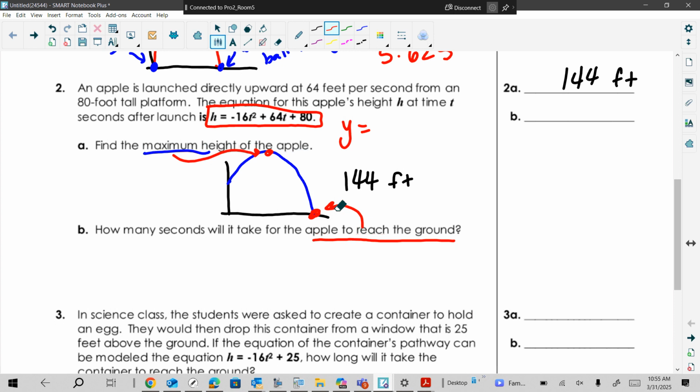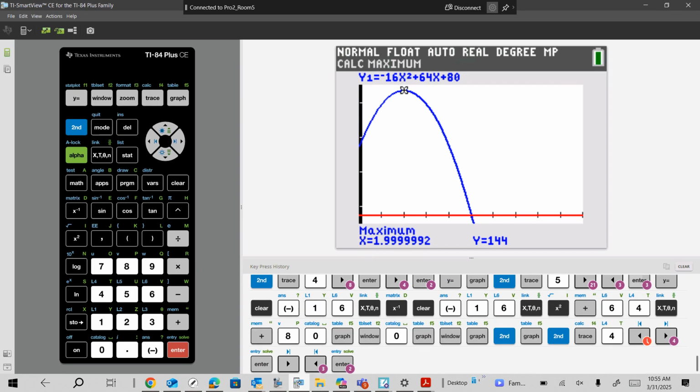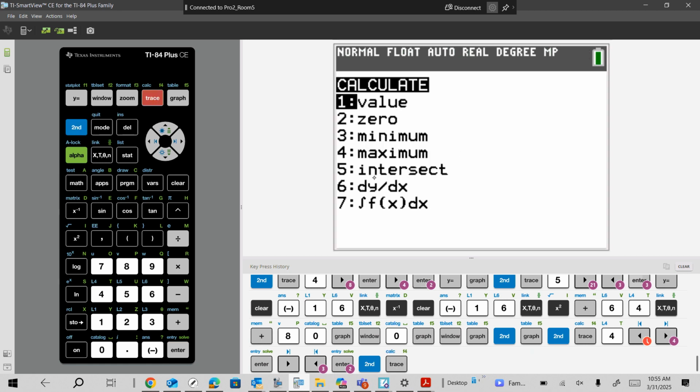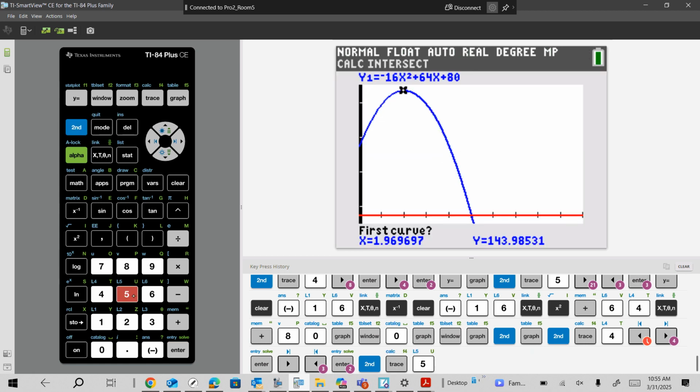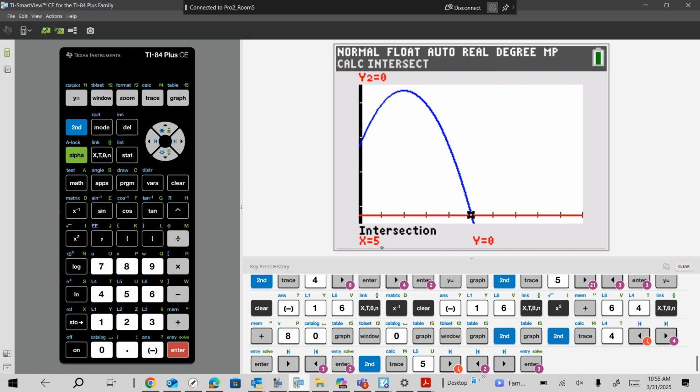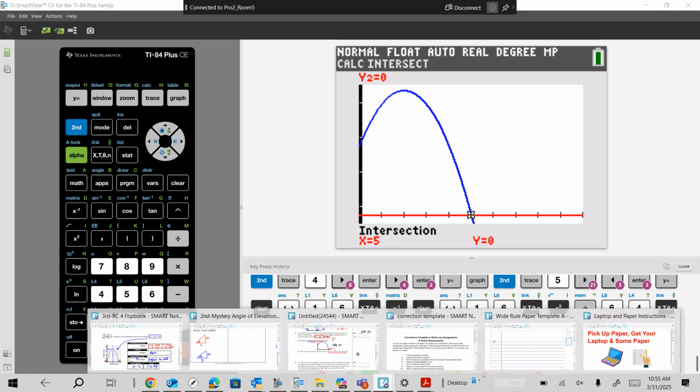To check with the calculator, because it's going to be a decimal answer, hit second trace, pick 5, which is intersect, and move your cursor over here by the x-axis and hit enter 3 times. So it takes 5 seconds for the apple to reach the ground.